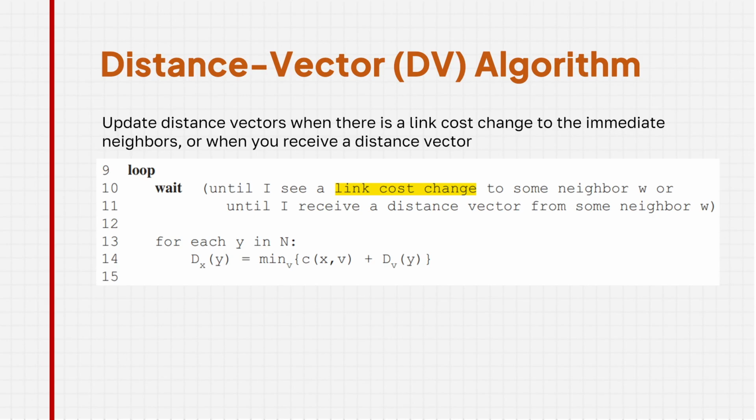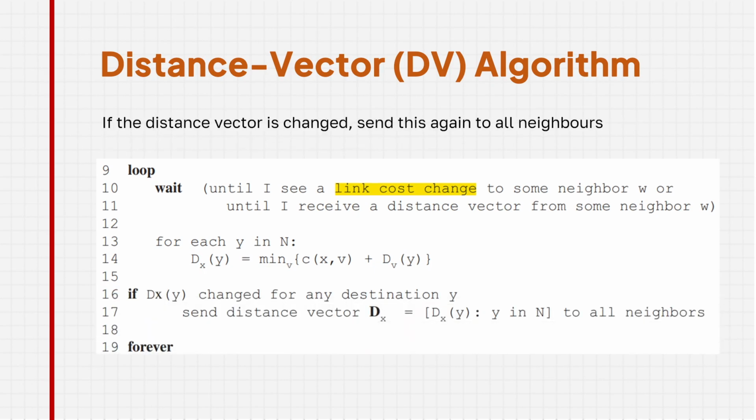That's essentially the Bellman-Ford equation. We do this until we see whether this changes my current distance vector. If my beliefs are being changed, then I will have to share this again with everyone. That is where this will create more iterations. But if it doesn't change, then I just do nothing. So this will run forever.